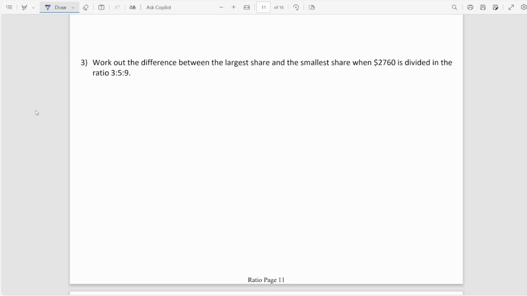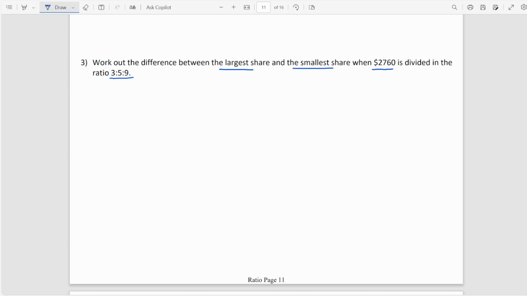Okay, question 3. Work out the difference between the largest share and the smallest share when 2,760 is divided in the ratio 3 to 5 to 9. So this is an interesting application here. I want to know the difference in shares when I divide this amount of money by this ratio.